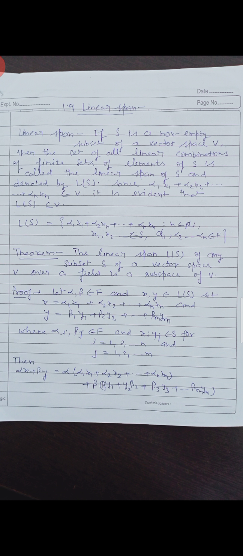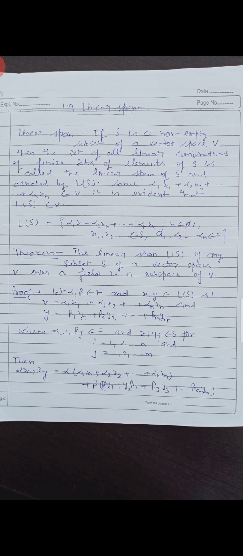Then alpha x plus beta y is equal to alpha in bracket alpha 1 x1 plus alpha 2 x2 plus alpha 3 x3 plus and so on alpha n xn plus beta in bracket beta 1 y1 plus beta 2 y2 plus beta 3 y3 plus and so on beta m ym.